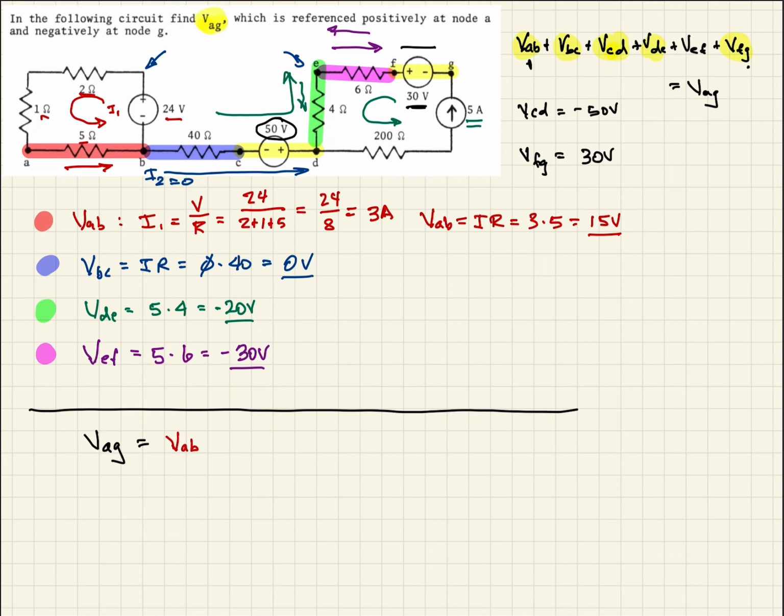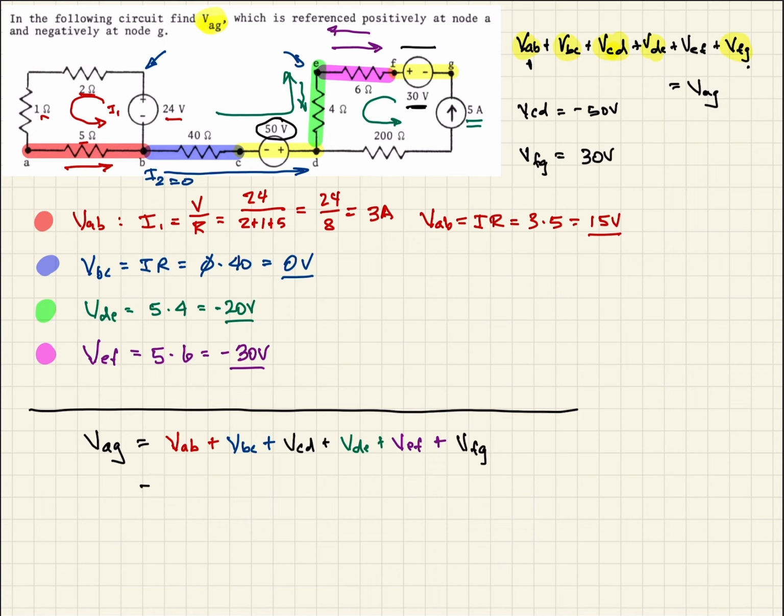I'm just rewriting this equation from up top, plus VBC, plus VCD, plus VDE, plus VEF, plus VFG.